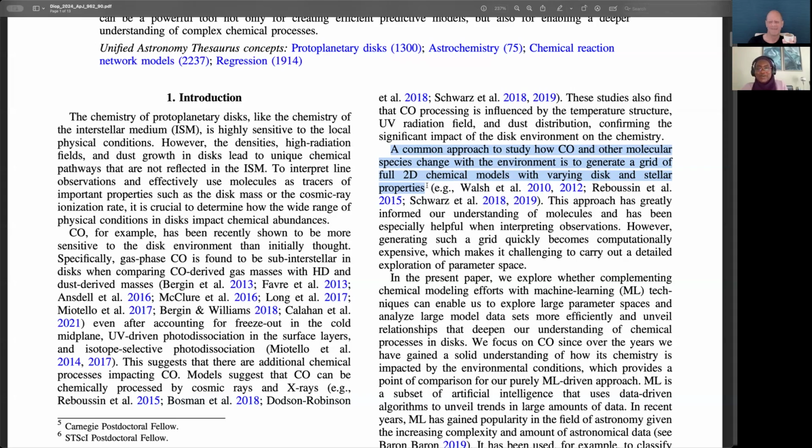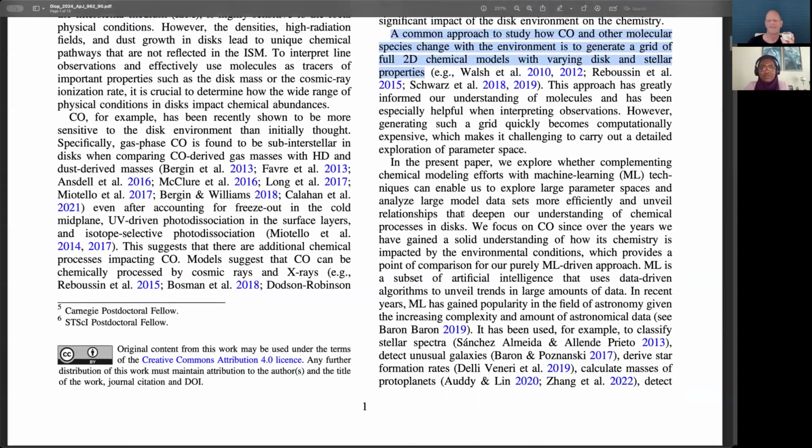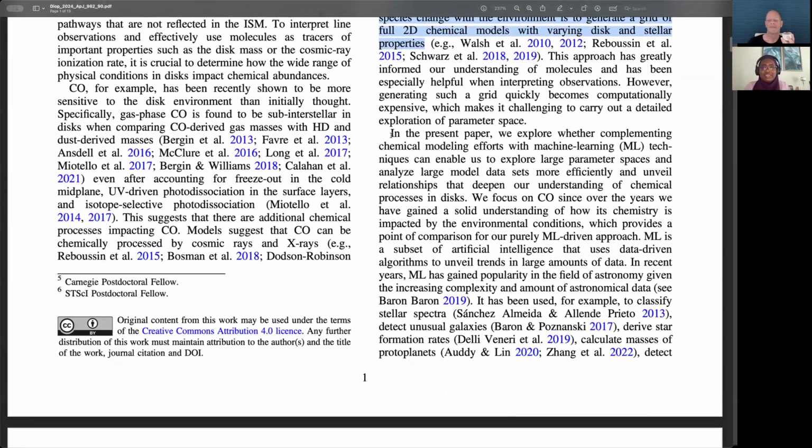So what we were trying to do in this work was to see if we could use machine learning techniques and complement our chemical model analysis with that to derive some useful information and really study these complex relationships between the physical conditions and the chemistry.